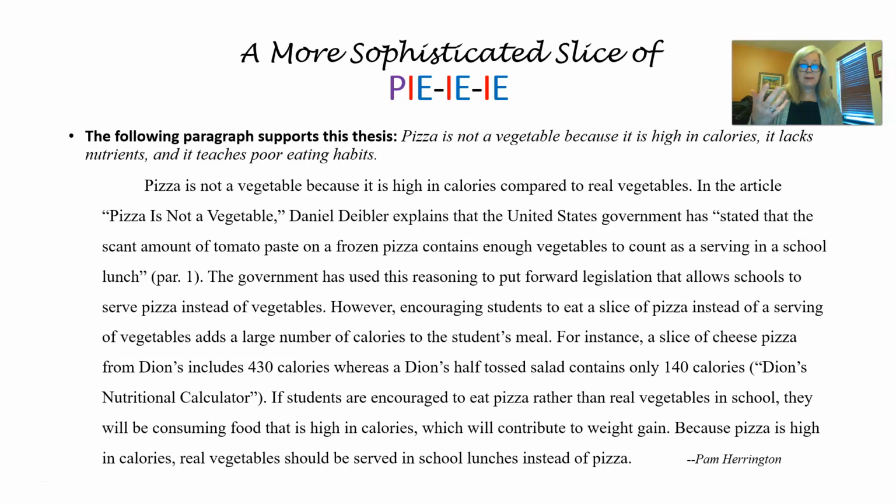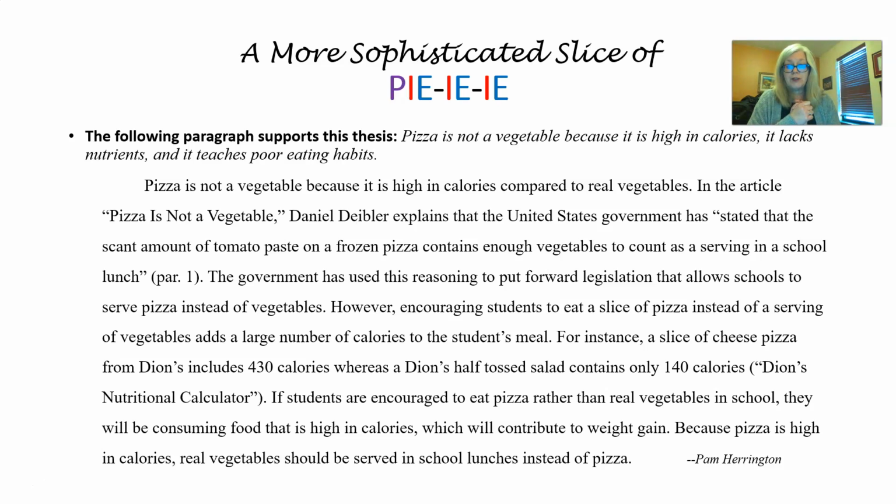For instance, again, illustrating. For instance, a slice of cheese pizza from Dion's includes 430 calories, whereas a Dion's half-tossed salad contains only 140 calories. How do we know? It comes from the Dion's nutritional calculator, parentheses, period.